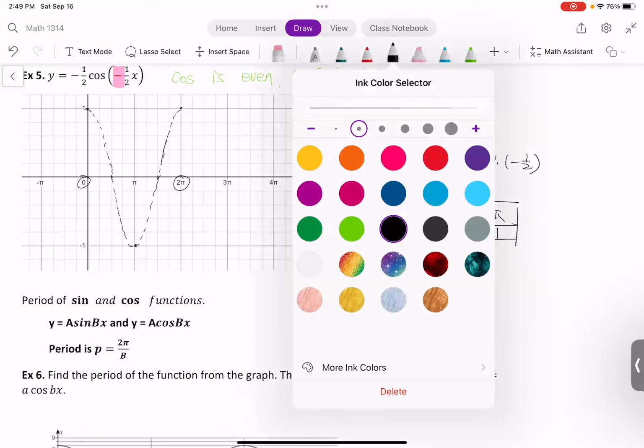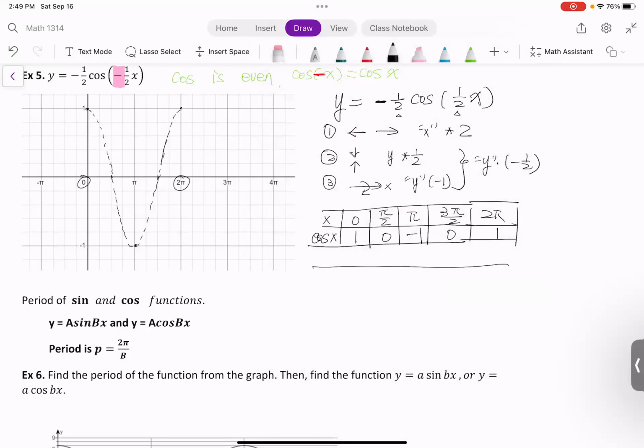Let's draw another chart for x and the new function, y equals -1/2 cosine 1/2 x. We get rid of the negative sign from the first step. Then let's see the transformations.